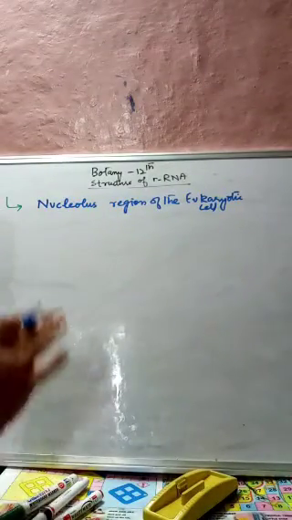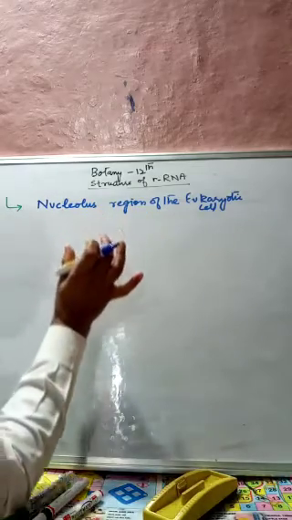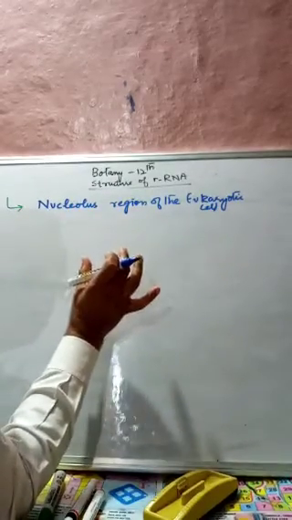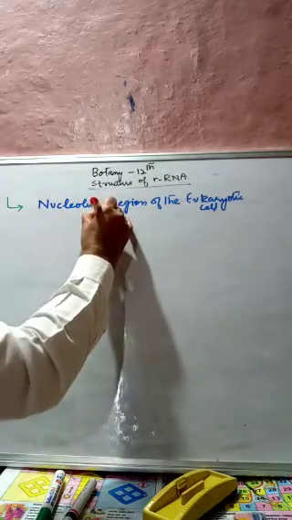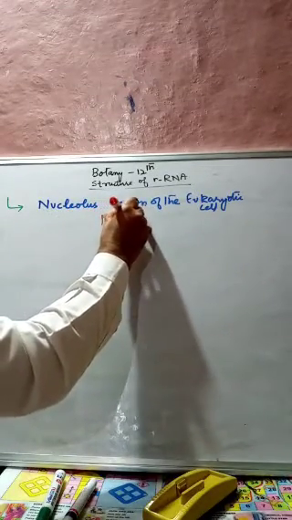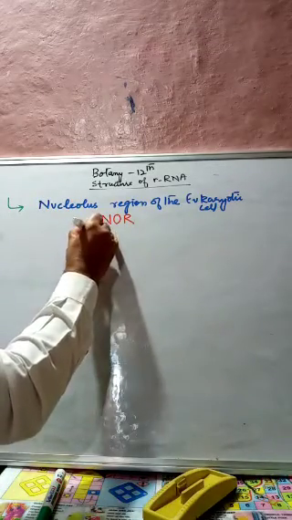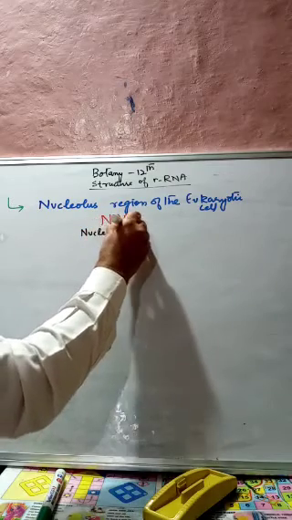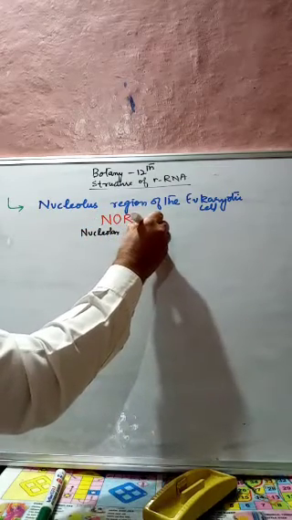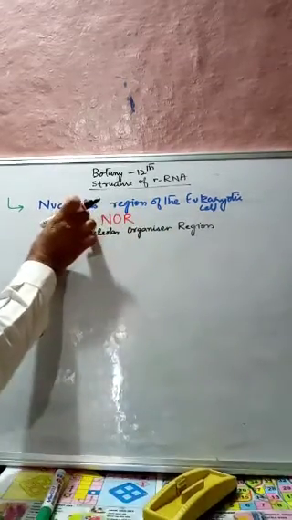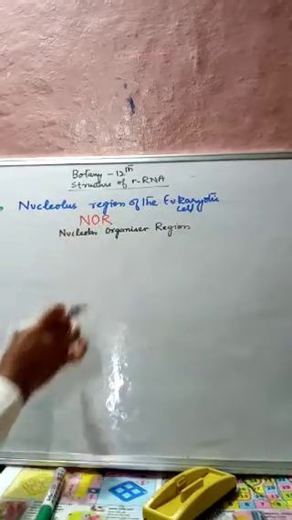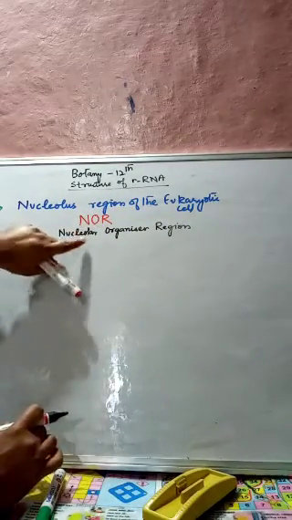Now if you see any eukaryotic cell, we will see the chromosome. In the chromosome we have a region that is called NOR, which simply means nucleolar organizer region. It is that region where this rRNA is synthesized or formed.